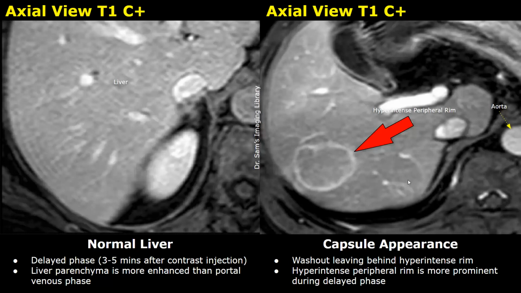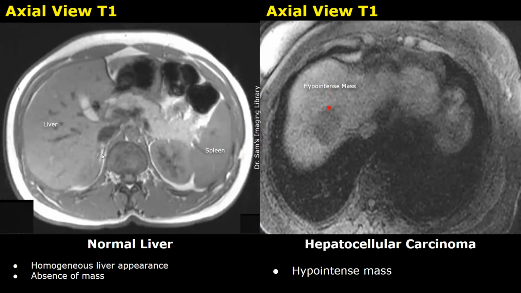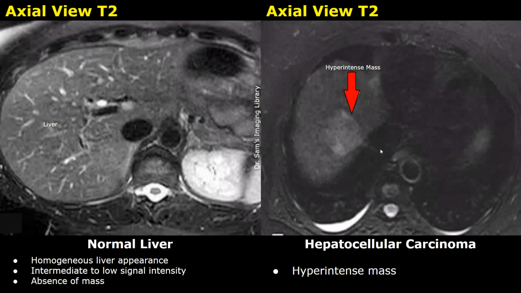This is a non-contrast T1 weighted image. This is how the liver appears. A hepatocellular carcinoma usually appears as a hypointense mass in T1. This is a T2 image of the liver. It has an intermediate to low signal intensity.